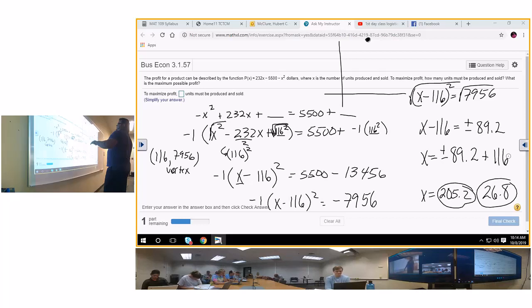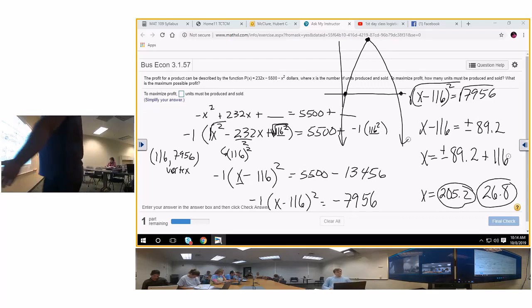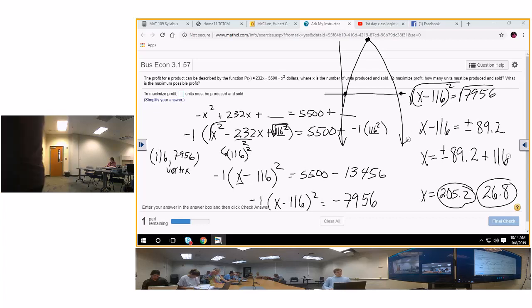Yeah, negative 5,500, which is way down here. And 205 and 26. So it looks something like that. I have no idea what it's asking for. Let's look and see. What is the maximum possible profit?